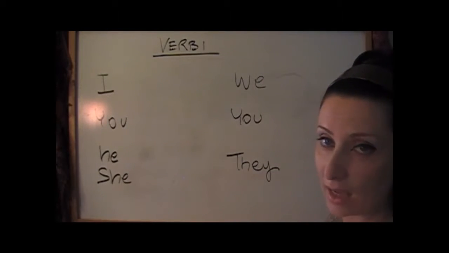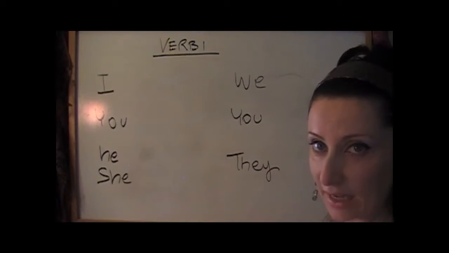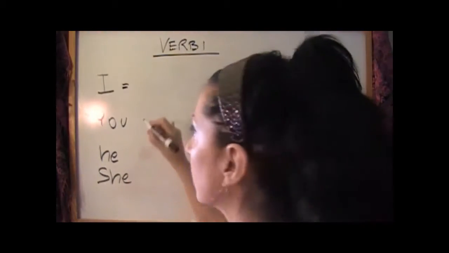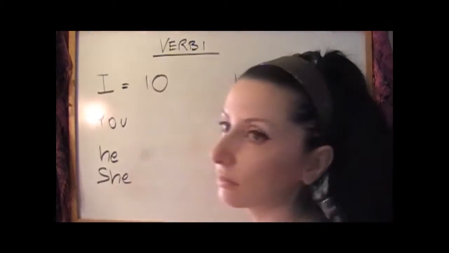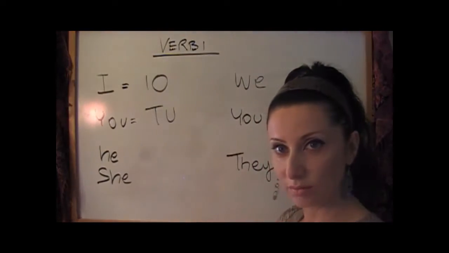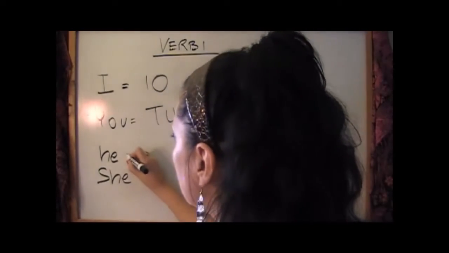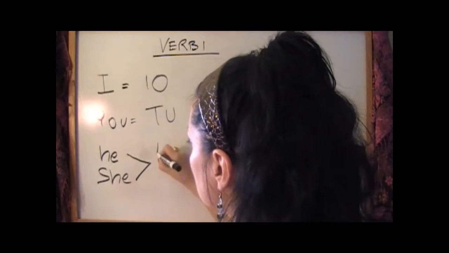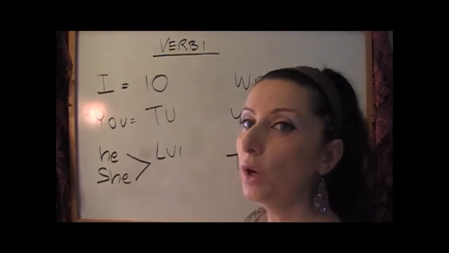The correspondent in Italian of those: I in Italian is io. Io means I. You in Italian is tu. He in Italian is lui.